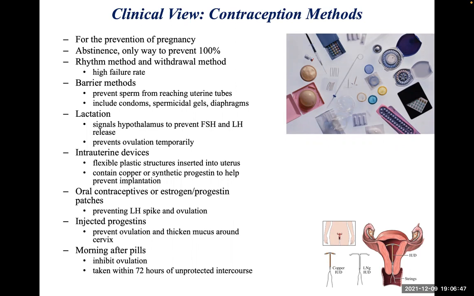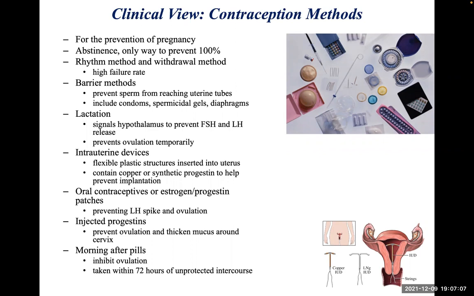They also make the uterus an inhospitable environment and make it difficult for sperm to get into the fallopian tubes, for example by causing the mucosal layer around the cervix to be thicker than you would normally find.